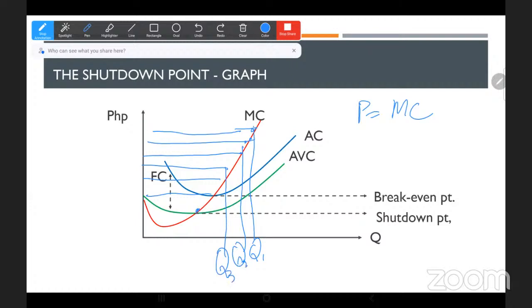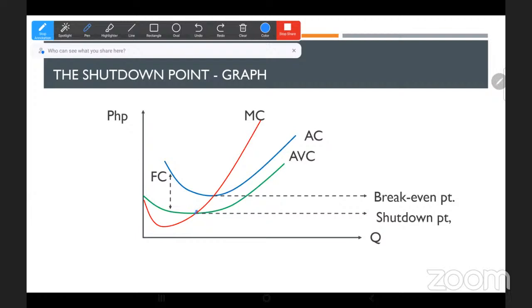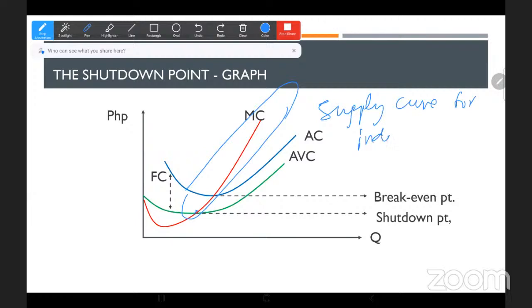Q1, Q2, Q3, di ba? So, ibig sabihin, from this portion up to that portion is the supply curve. Okay? So that's how we derive the supply curve.